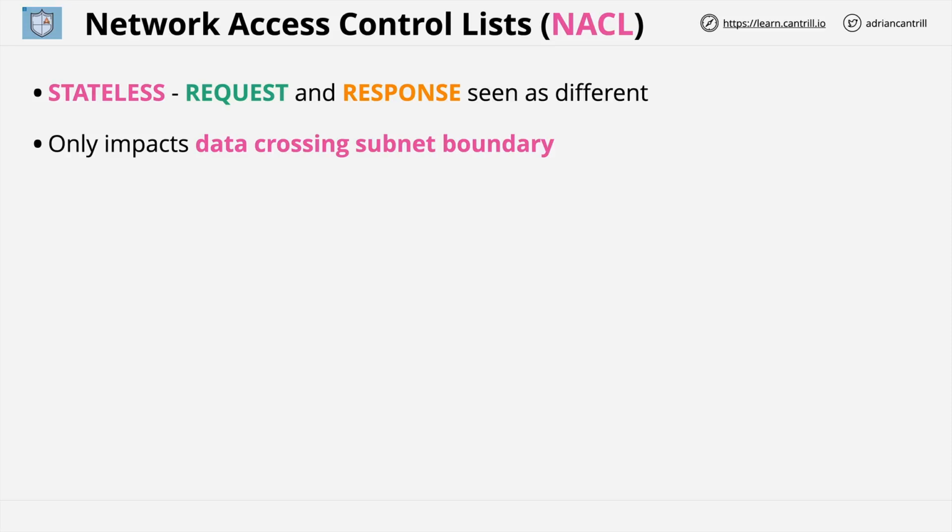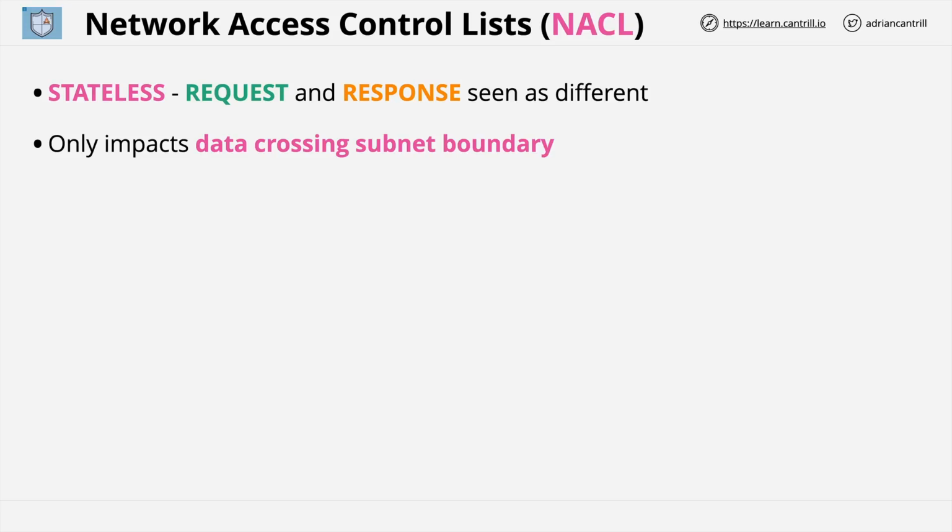Now this can mean that if you do have data crossing between subnets, then you need to make sure that each NACL on both of those subnets has the appropriate inbound and outbound rules. So you end up with a situation where one connection can, in theory, need two rules on each NACL if that connection is crossing two different subnet boundaries.